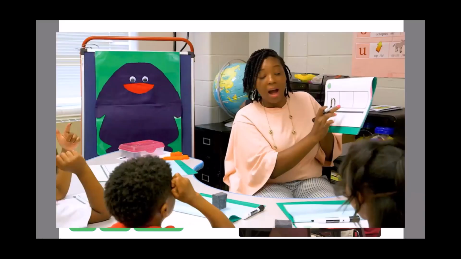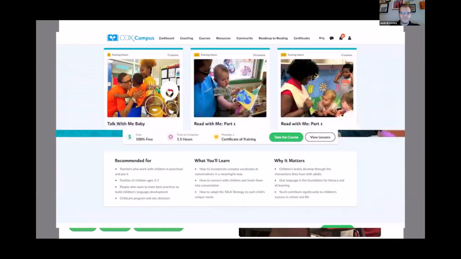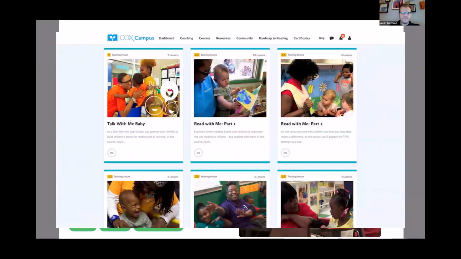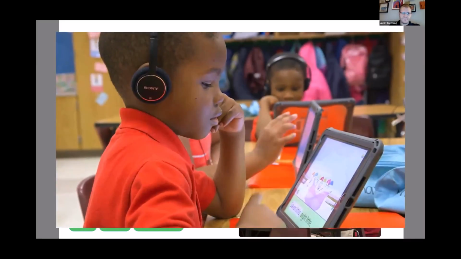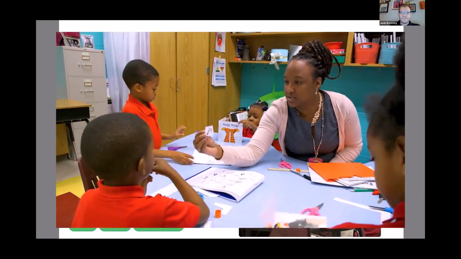Said another way, since we know exactly what to do to eradicate illiteracy, we want to be part of a movement to make that happen, and to happen now. Also important to note is the expansion of the Rollins Center and Cox Campus beyond Atlanta. And so really the online vehicle, Cox Campus, helps us reach other states, other countries even. And so we've been really, really blessed to be able to provide practical application of the science to families and teachers all over.